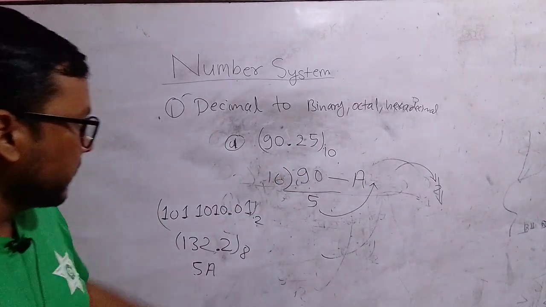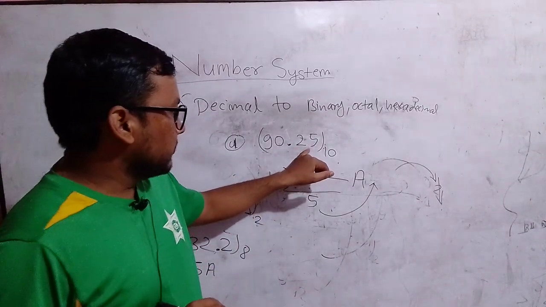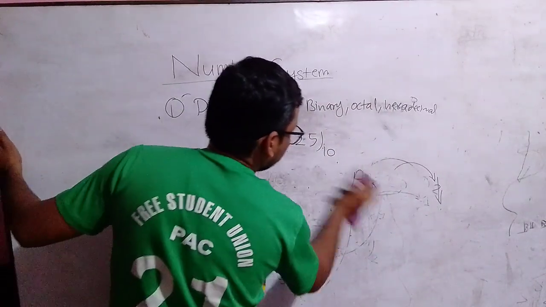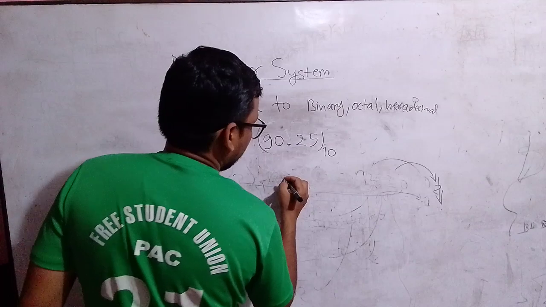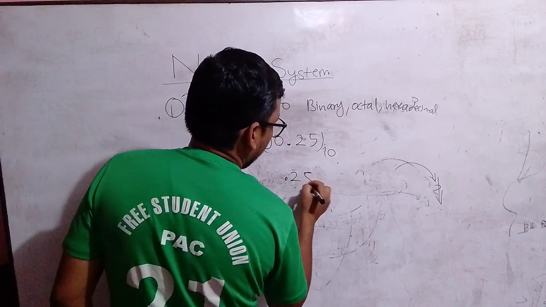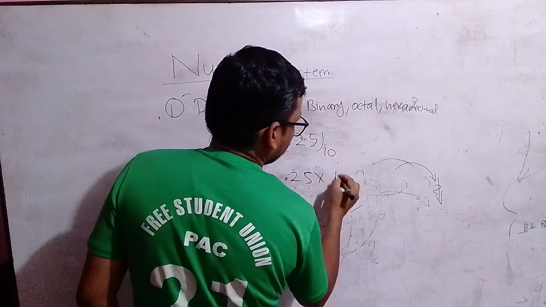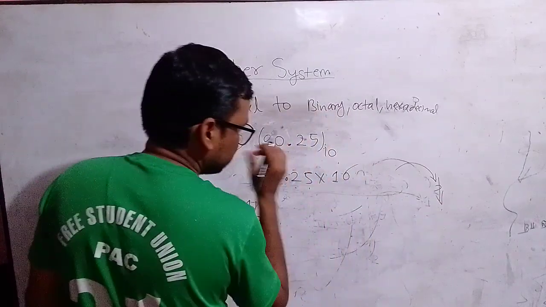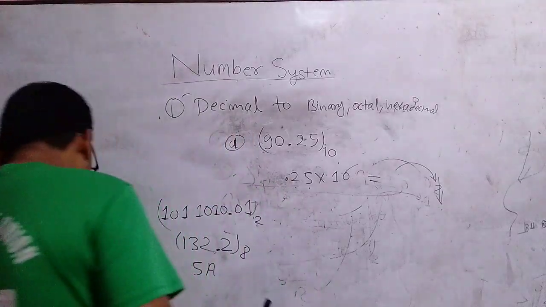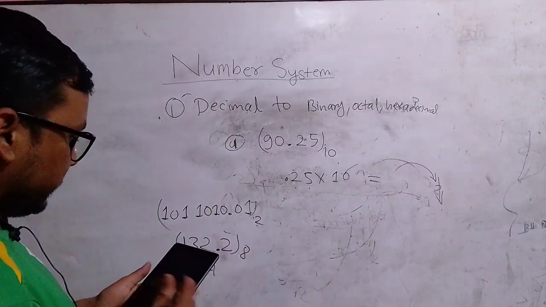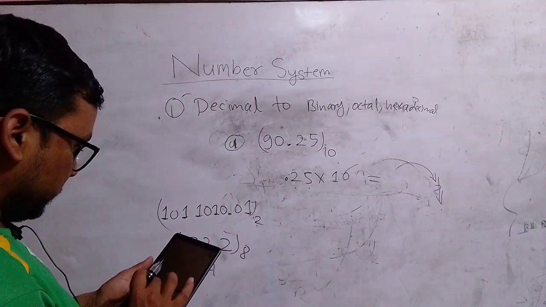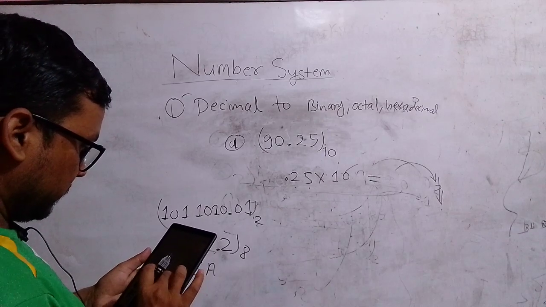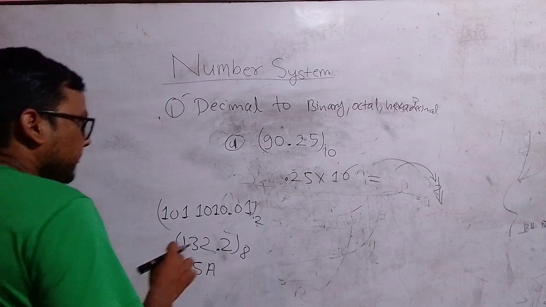And how to obtain the hexadecimal equivalent of 0.25? Similarly, 0.25 into 16. 0.25 into 16 gives 4.